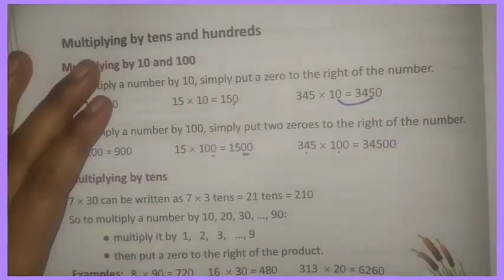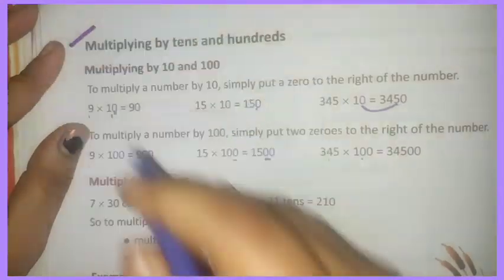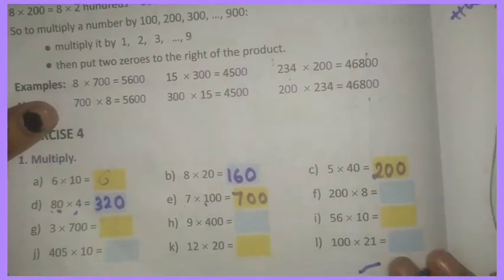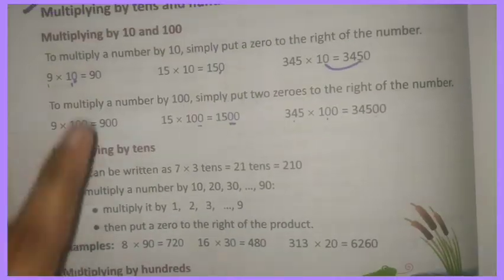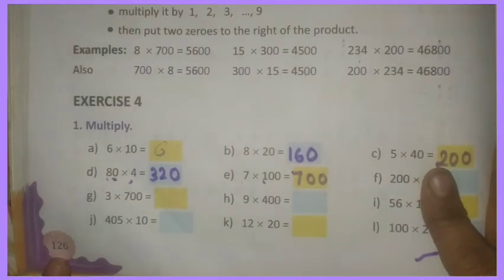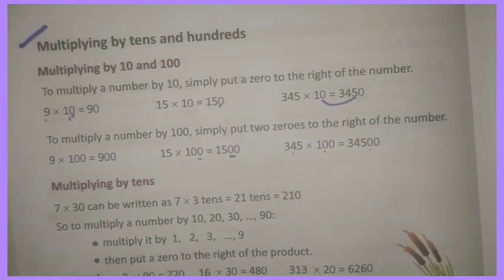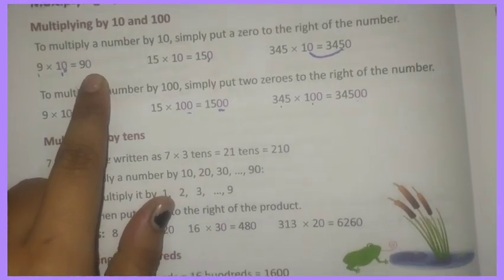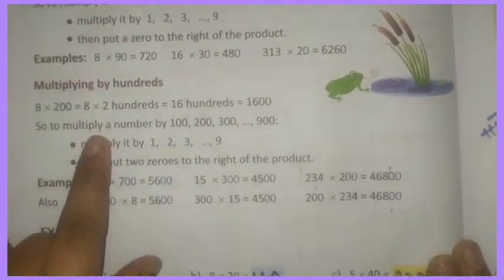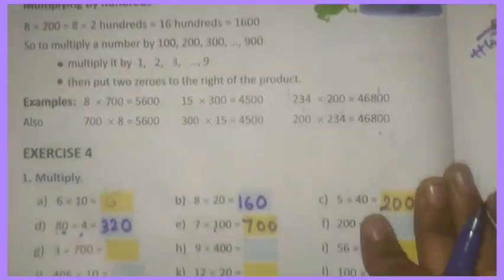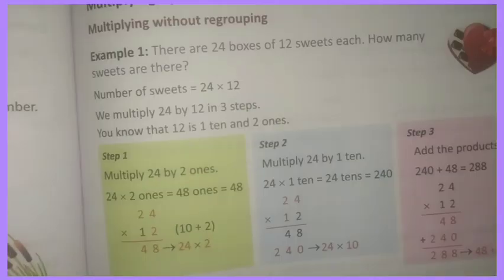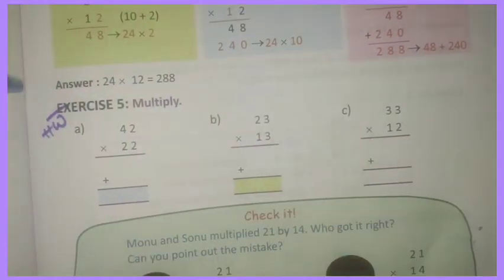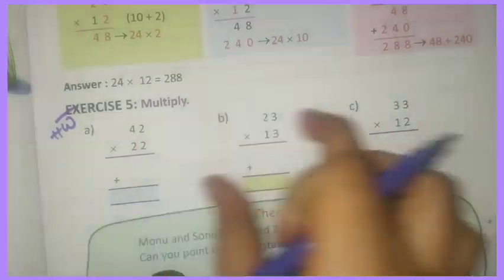First of all, write this total page from here to here in your fair notes. Page 126: multiplying by tens and hundreds, multiplying by 10 and 100, multiplying by tens, multiplying by hundreds, and exercise 4, up to here write in your fair notes. And then keep the heading multiplying by 2-digit number and do these problems. You can do them in the textbook only, otherwise you can do them in fair notes.